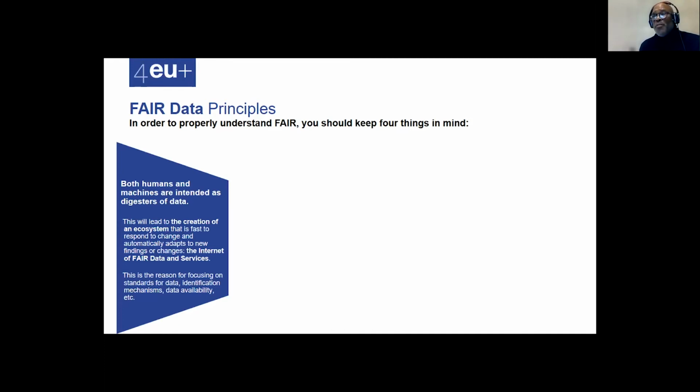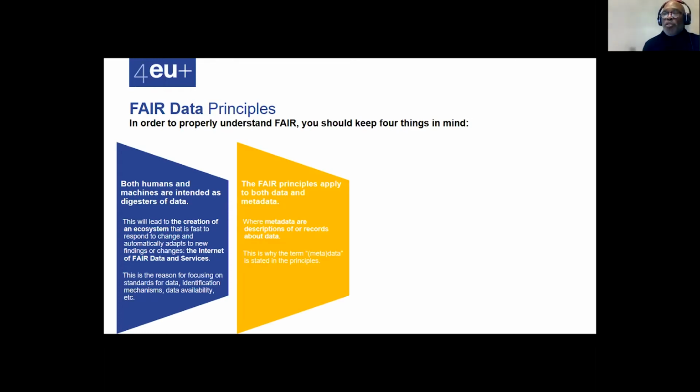That means that this will lead to the creation of an ecosystem that is fast to respond to changes and automatically adapts to new findings or changes in the internet, FAIR data and services. This is the reason for focusing on standards for data identification mechanisms and data availability.